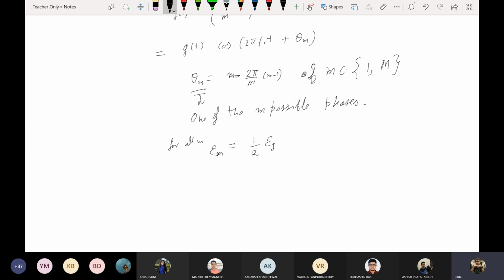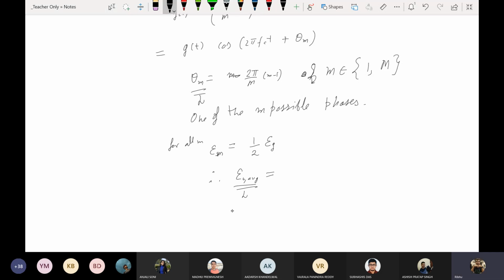Is this obvious, Shubhashish? Yes, it's obvious. And therefore the average energy per bit, E_b average.